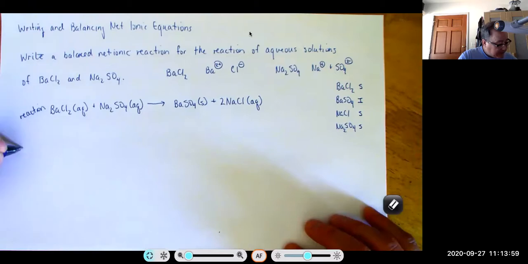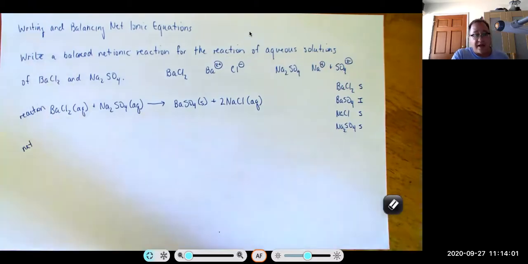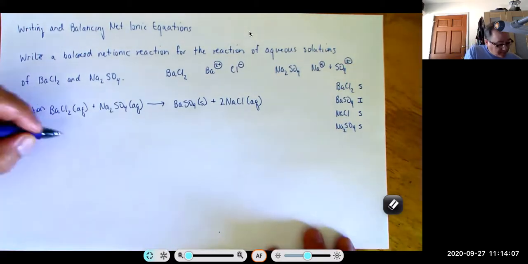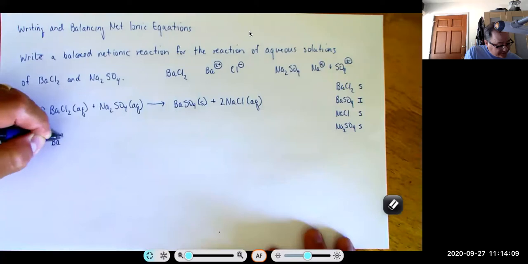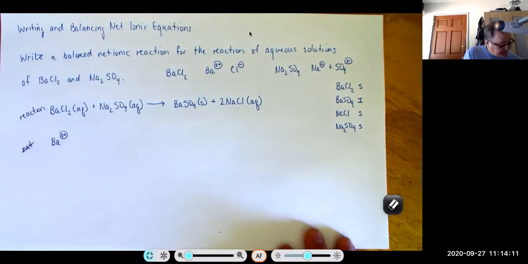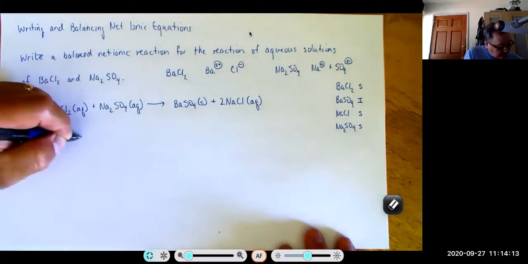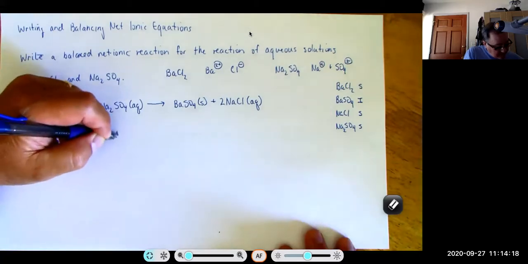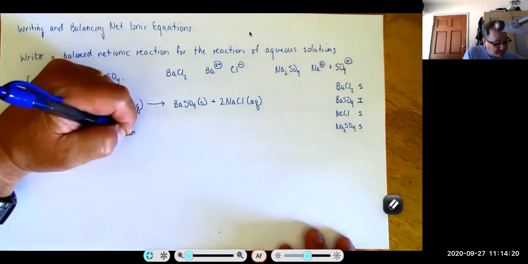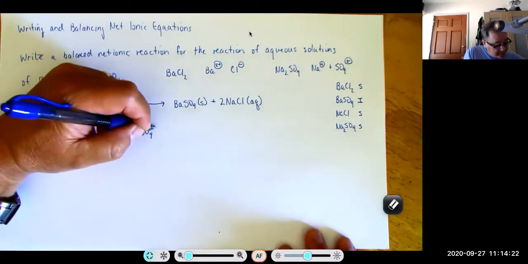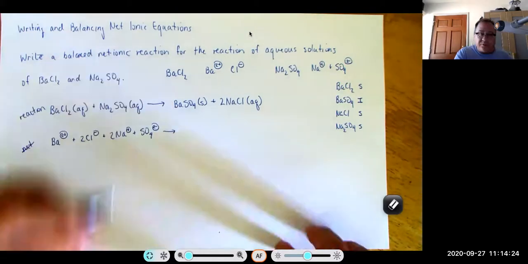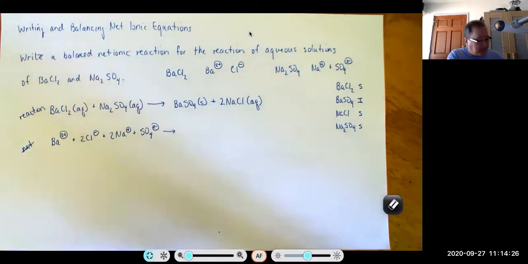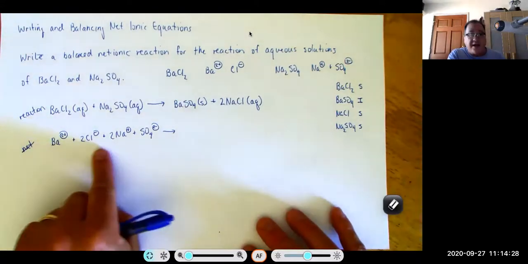Now, what is the net ionic reaction? The net ionic reaction shows what is really reacting. Now, before we do the net, what I'm going to do here is this, and you don't have to do this, but sometimes it helps. Since this is just some work and not really an answer, notice I'm writing all the ions out.